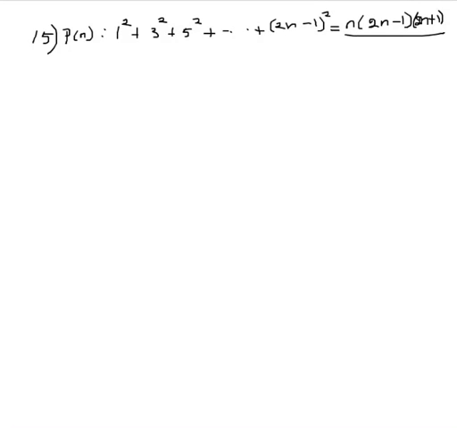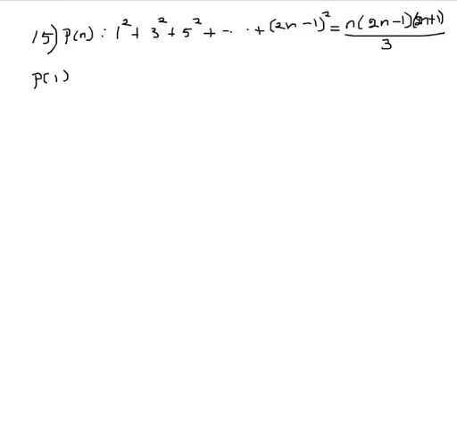Question 15. P of n statement is 1 square, 3 square, 5 square, etc. plus (2n minus 1) the whole square equal to n into (2n minus 1) into (2n plus 1) divided by 3.